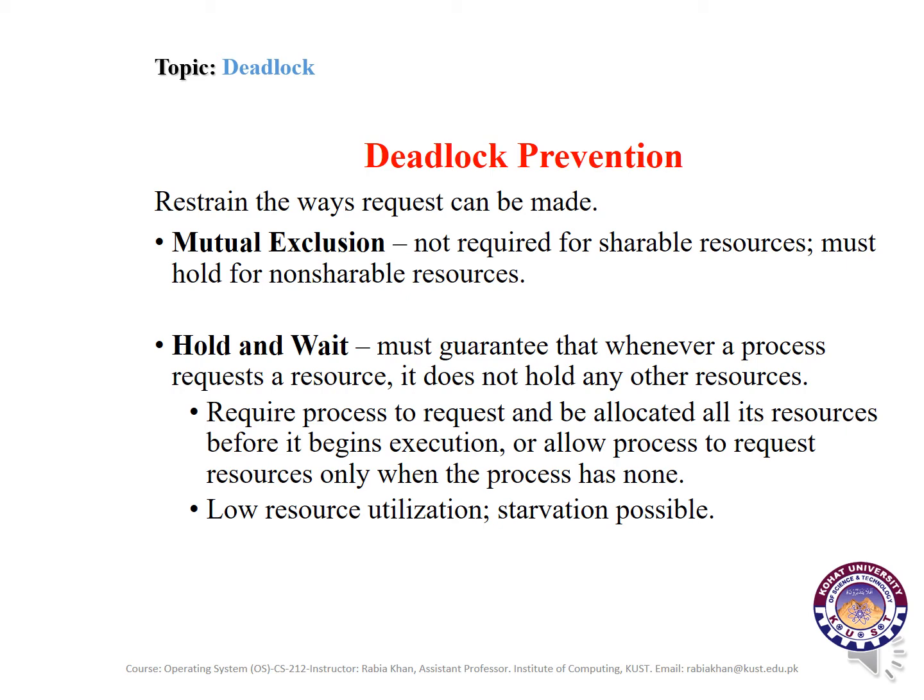In this way, the hold and wait condition can be prevented. By doing so, some of the resources may be underutilized and resource starvation may result, as some of the resources may never be, or only very rarely be, requested.